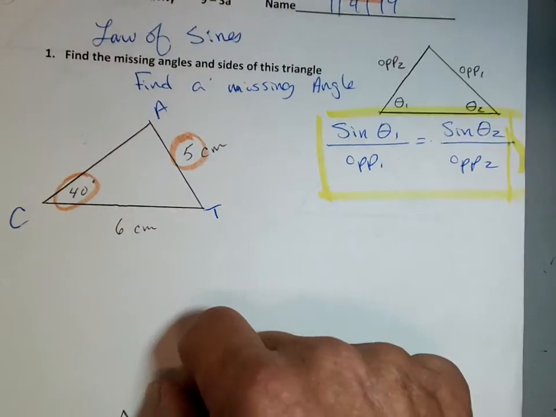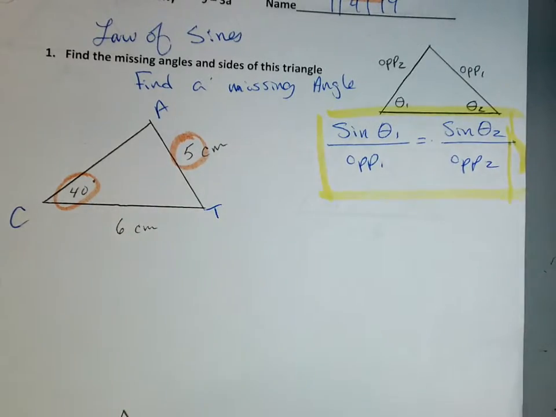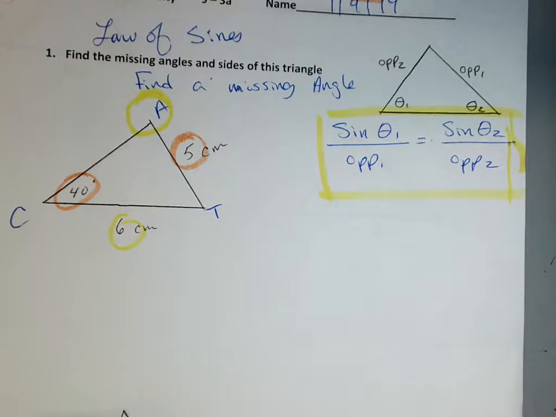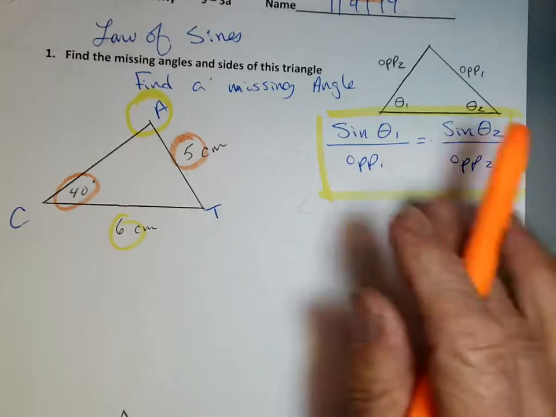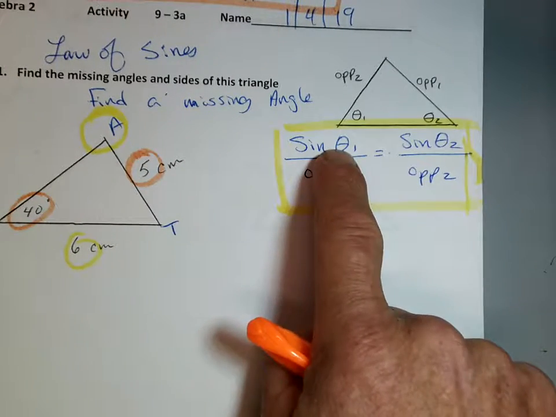Well, how does it work? Well, I've got a 6, and I'm doing opposites, right? So if I've got the 6, I should be able to find its opposite angle, right? So I'm going to set it up. And I always like to write the unknown first. What I don't know is A. But the formula goes sine of an angle over its opposite side.